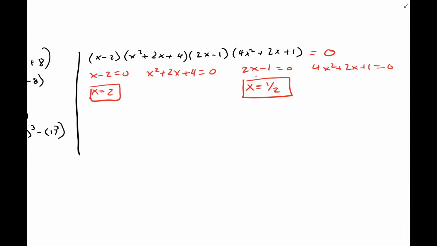How am I going to have to solve x squared plus 2x plus 4 equal to 0? I do not want to subtract 4 from both sides. What kind of equation is this? This is a quadratic, right? So what are the different ways we had to solve a quadratic?